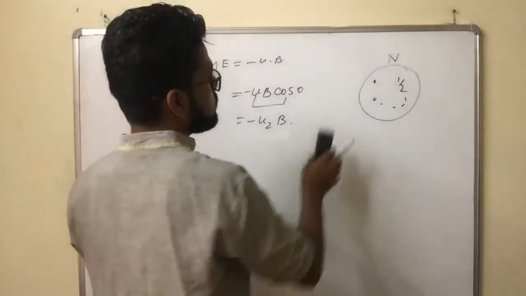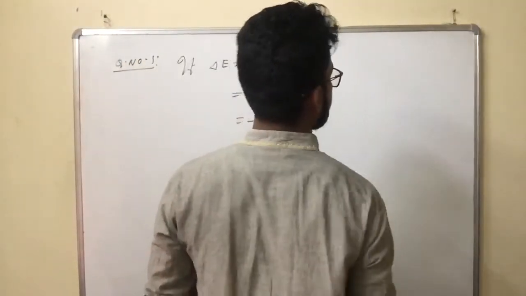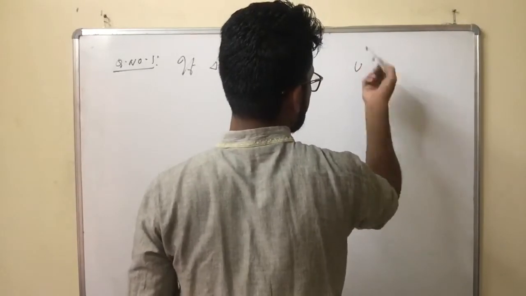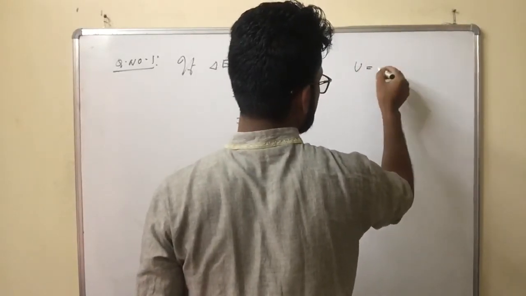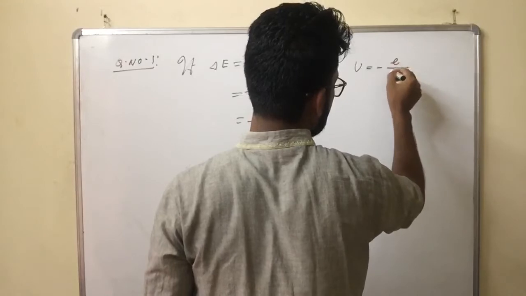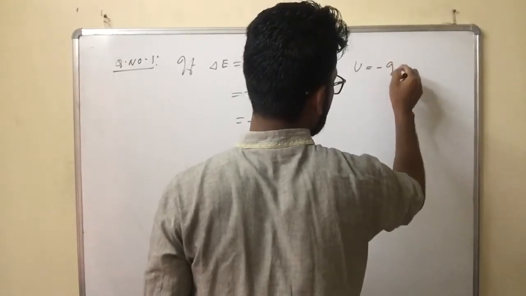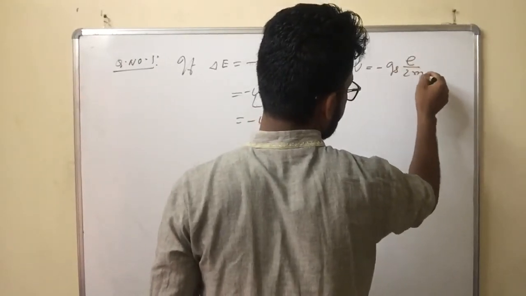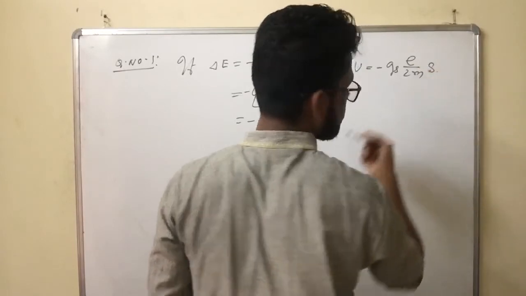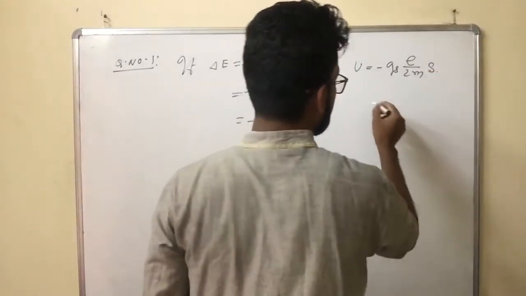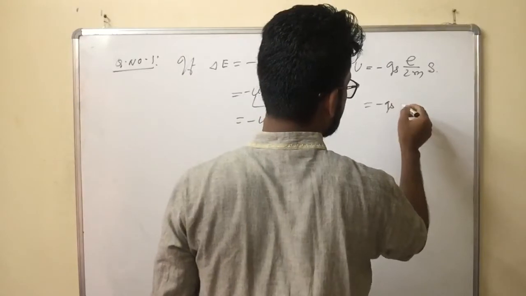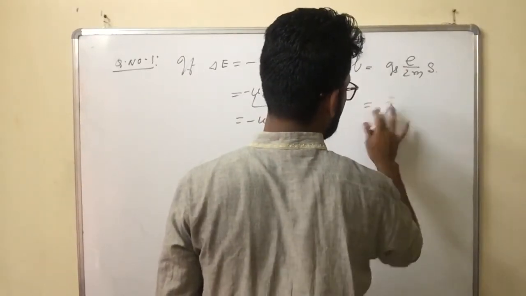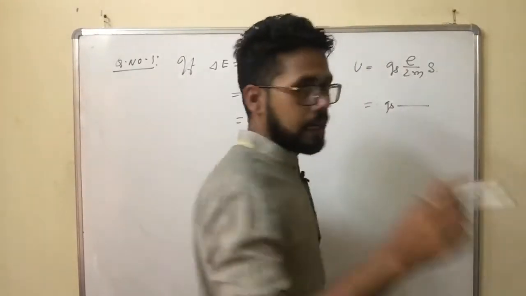In atomic physics, we know the magnetic moment equals Gs e by twice m times S, where S means Ms h cross.